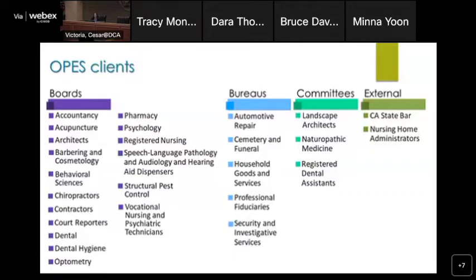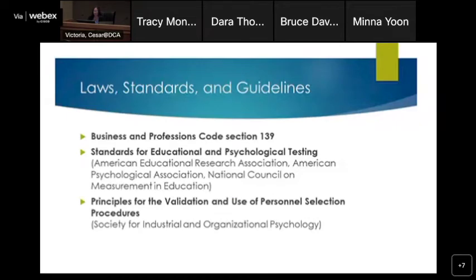So again, we have a wide range of services. I'm not going to detail all of those today, but I'm more than happy to come back at another time or to give information to Rebecca to share with all of you about the different services that we provide. But of course, you use the national exam, so you do have your vendor and your association that you work with as well. So let's move to the next slide, please.